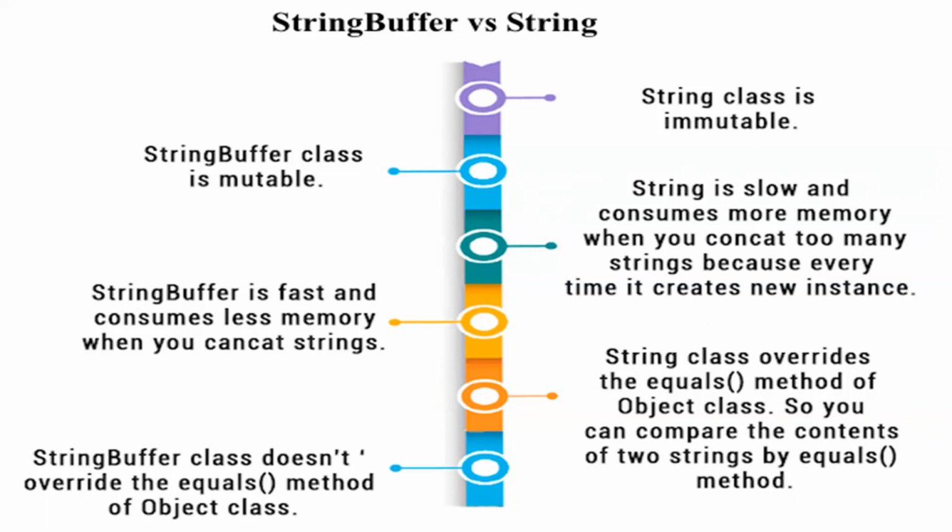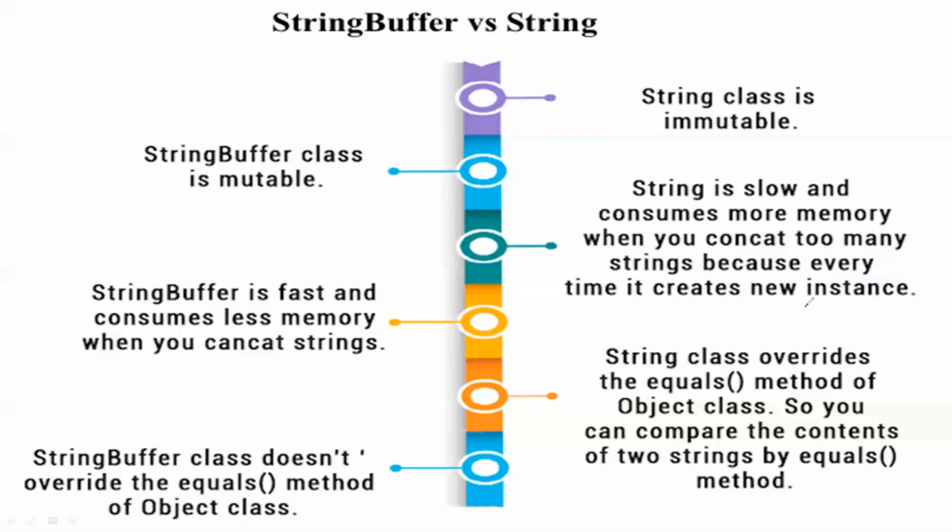I want to add each and every string. First ant will be there. I add bat to ant, so ant and bat will be stored at one location. If I add cat, it will be stored at another location. If I add dog, it will be stored at another location. If I add eagle, it will be stored in another location. So each and every time I make changes to the string, it will be stored in a new instance, which means new memory.